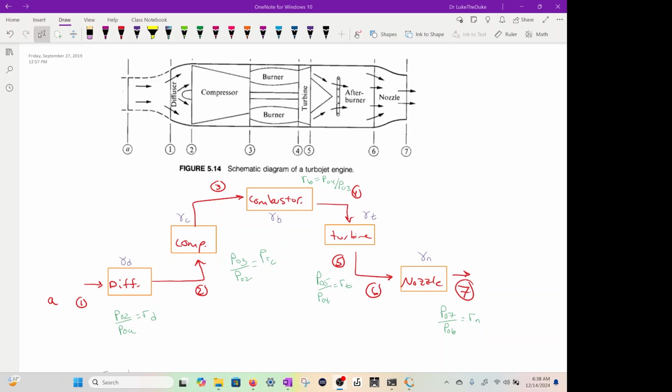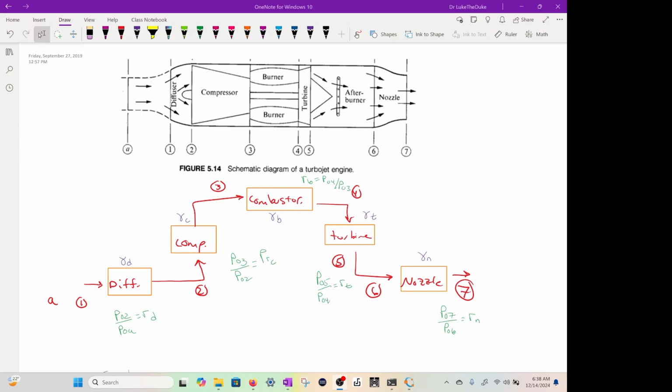Furthermore, down here at the bottom left, you'll see RD, which is P naught over P naught A. Those are pressure ratios across the component. We also have PRC, which is the stagnation pressure ratio across the compressor. You have RB, P naught 4 over P naught 3, which is the pressure ratio over the combustor.